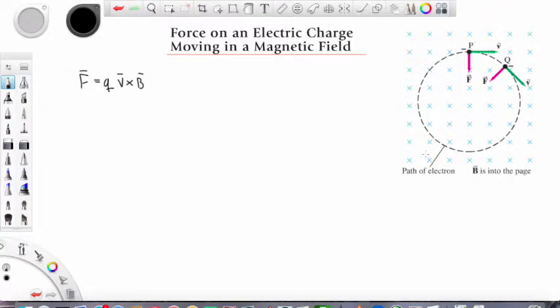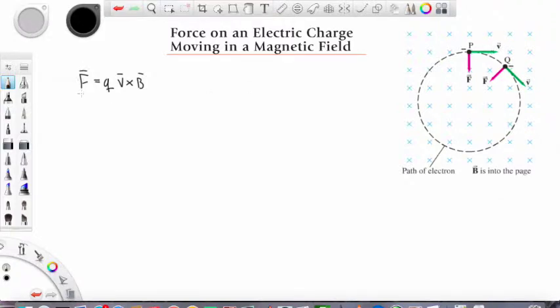In this example on the right, we have a magnetic field going into the page, as shown by these blue crosses, and an electron, a negative charge, with initial velocity to the right. We would like to investigate what happens.